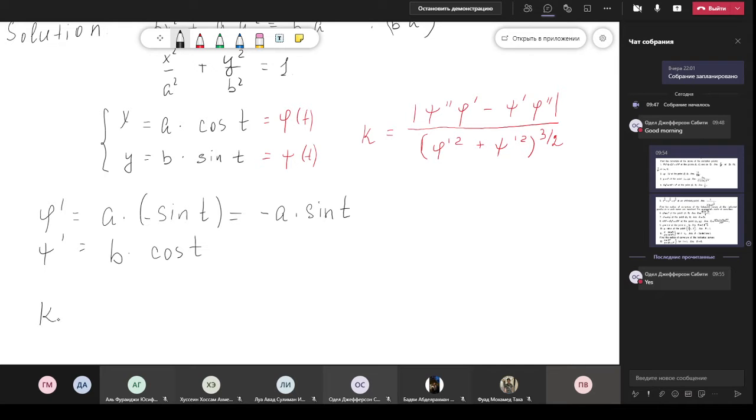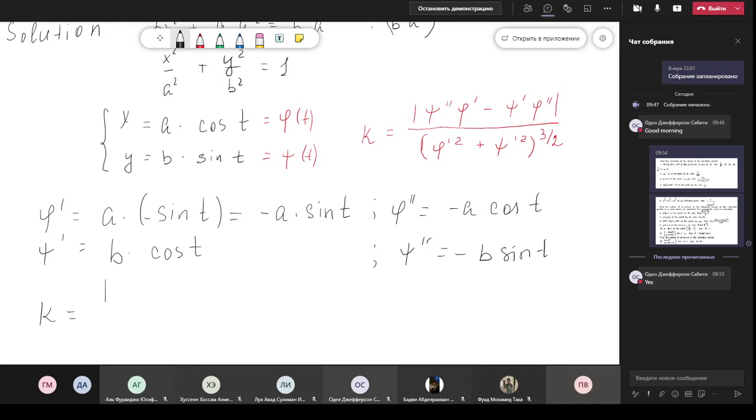K is the modulus of psi double prime, phi double prime. Phi double prime is minus a cosine of t, and psi double prime is minus b sine of t.